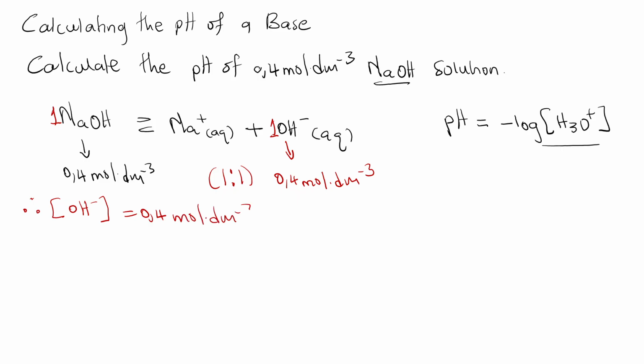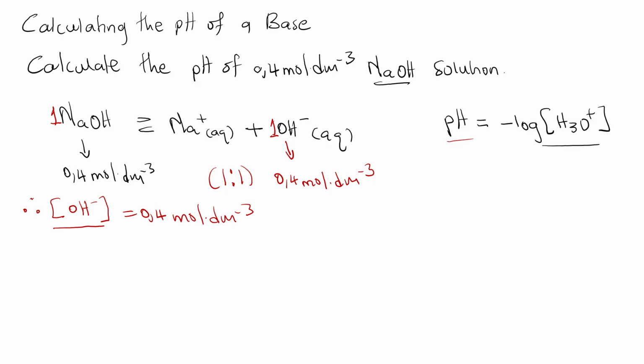Right, so now this is where everything starts to get more and more interesting. How is the concentration of the OH minus going to help us to calculate the pH of this base? Remember, we need to use what we call the KW to calculate the concentration of H3O plus.